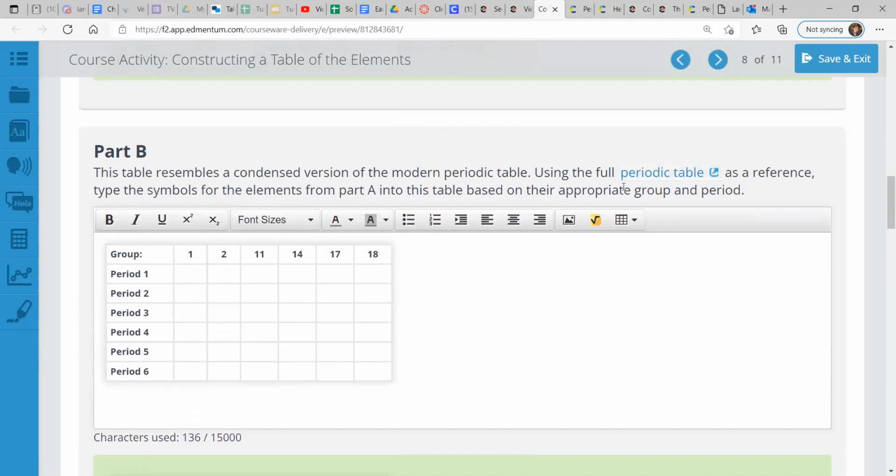And then part B, this table resembles a condensed version of the modern periodic table. Using the full periodic table as a reference, type the symbols for the elements from part A into this table based on their appropriate group and period. Okay.